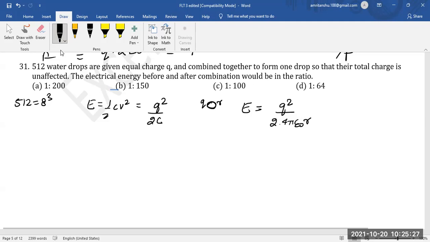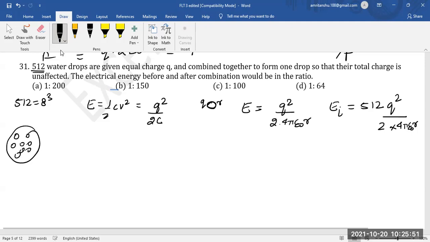So likewise, we have 512 droplets. So total initial energy will be 512 Q square by 2 into 4 pi epsilon naught r. Now, when we merge these 512 small drops into one big drop, let's see what is the radius of this big drop.